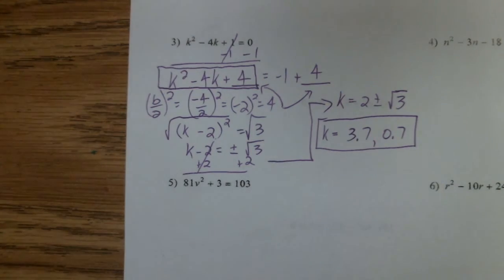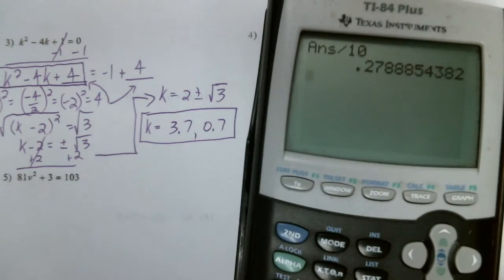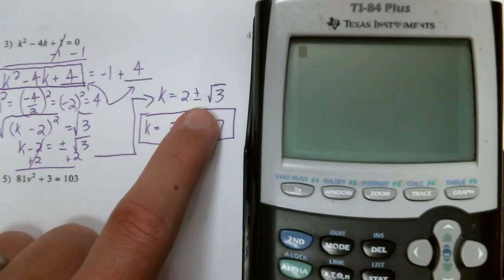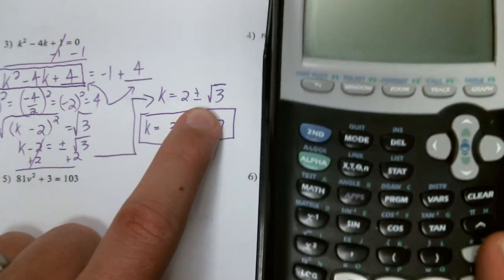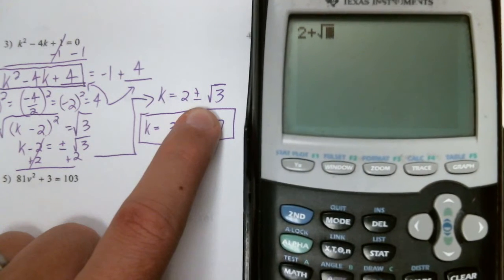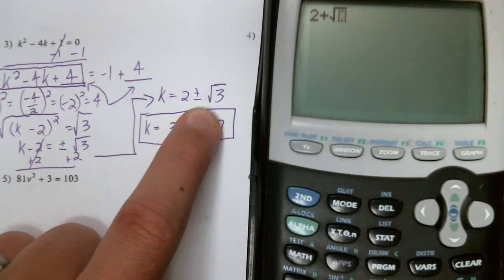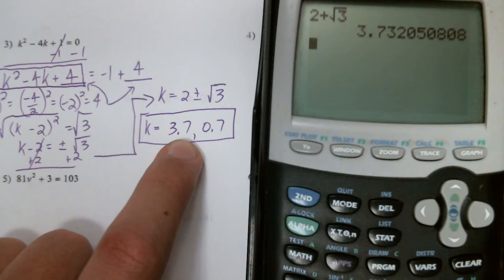All right, so let me grab my calculator real quick, just to show you guys what I'm talking about there. So I've got 2 plus or minus the square root of 3, so I'm going to do the positive version, 2 plus the second square root. By the way, the square root button is right here in blue above the x squared. So you have to press second, square root, 2 plus the square root of 3. That gives us the 3.7 number, and then I have to do 2 minus second square root 3.